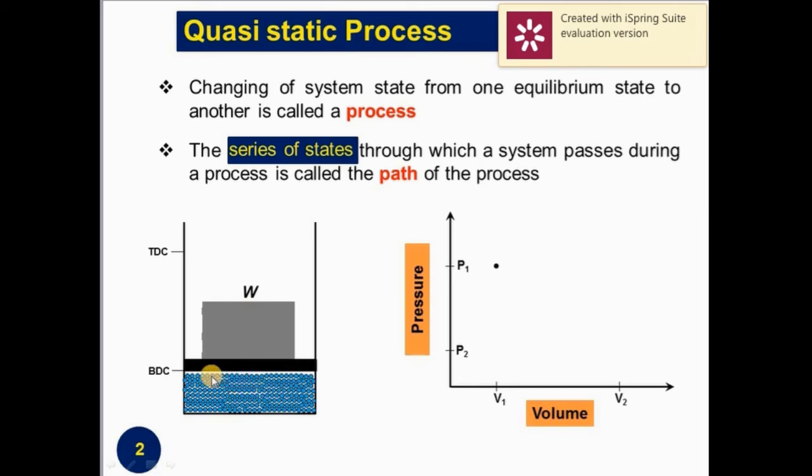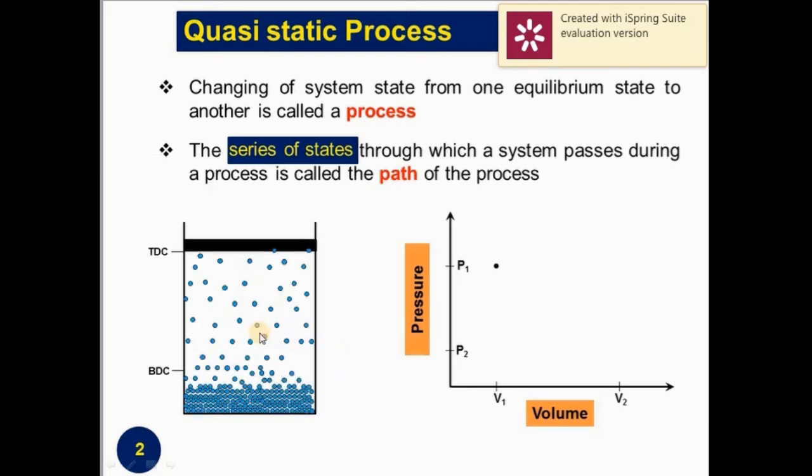However, the molecules which are close to the piston will reach TDC immediately with the piston, and the molecules which are away from the piston will take some time to redistribute. So let's remove the weight. So we can see molecules which were near to the piston move towards the TDC, and molecules which are away from the piston are still closely packed.